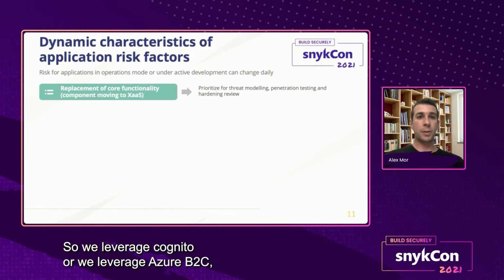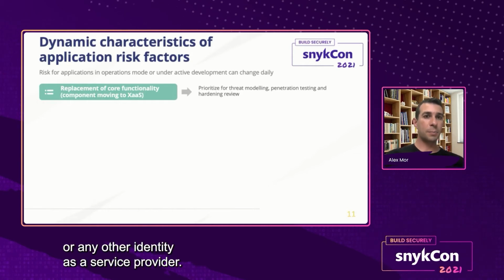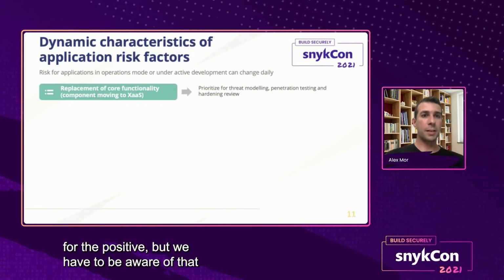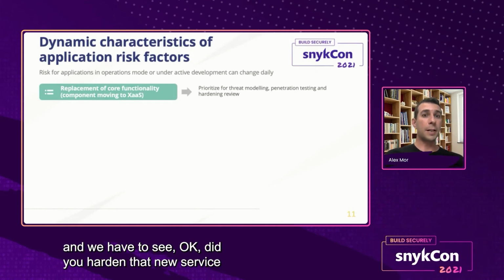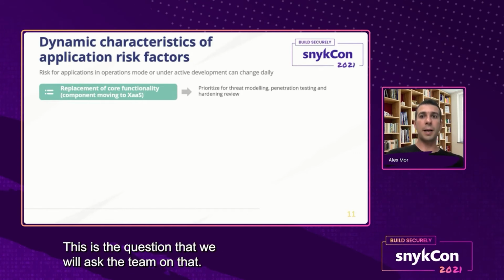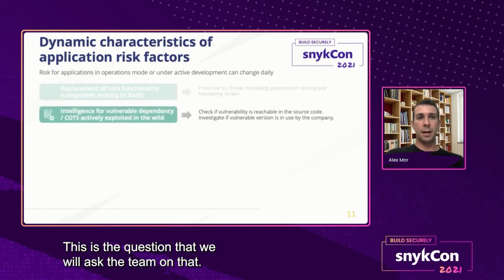So we leverage Cognito, or Azure B2C, or any other identity as a service provider. That changes the risk for the application, for the better, for the positive. But we have to be aware of that, and we have to ask, okay, did you harden that new service that you're starting to use? This is the question that we would ask the team.